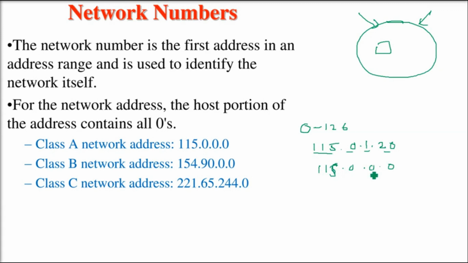The first number of this range is the network address, the address of that network. Similarly, 154.90.0.0 is a class B, so 154.90.0.0 is the network ID of that network. One more example, class C: the first three are 221.64.244 and the last one is 0. So this is the actual address of the network.